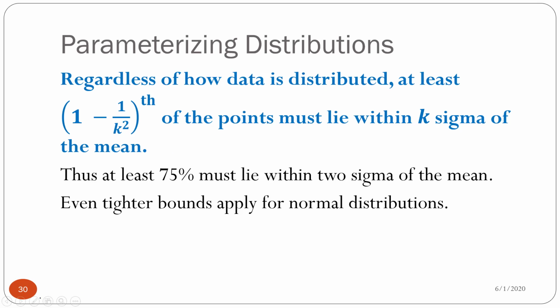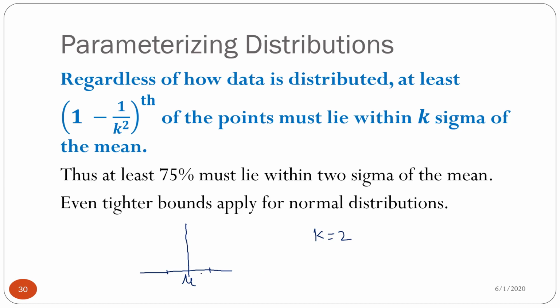So let me try creating a plot for you to give you some idea. I should use blue ink. So it says that if you have a distribution like this, right? So let me make this distribution. Here you have the mean. Alright, so k equal to 1 is not interesting, so let's take k equal to 2.